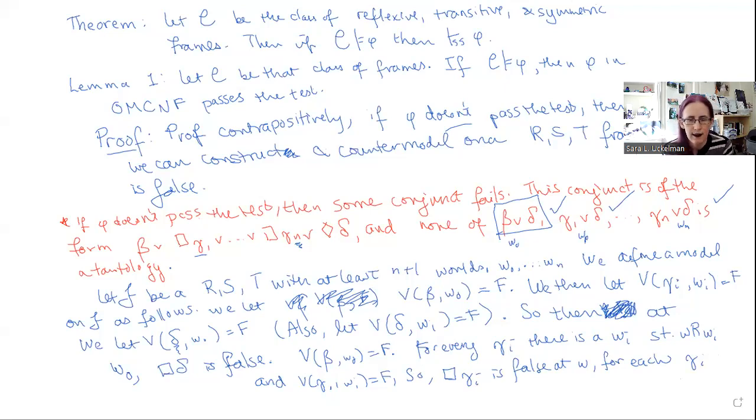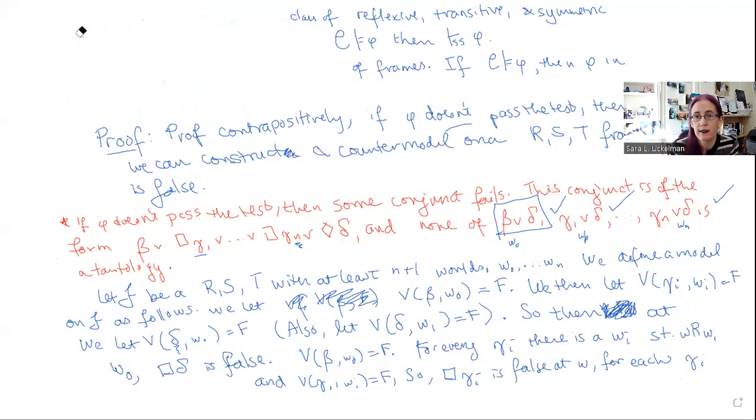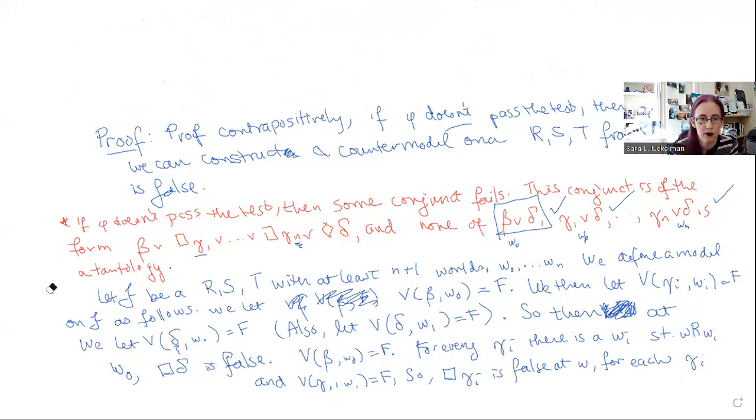Ooh, let me see. I don't want to go to a new page, so I'm going to erase the statement of the lemma. Just remember that what we're trying to prove is that if phi doesn't pass the test, then we can create this counter model. So we've gotten part of the way there, and we don't have too much further to go. So no world, as we said, makes delta true. So possibly delta is false at the initial world.